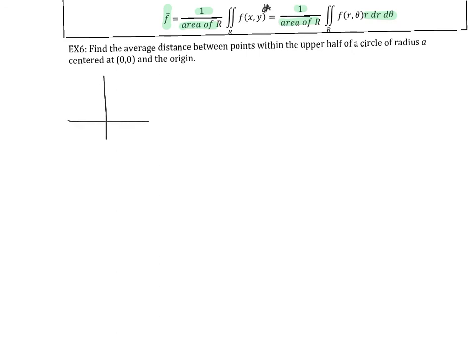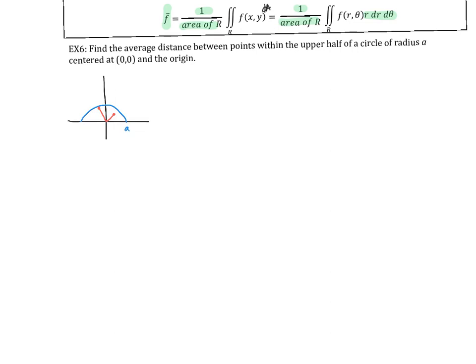So I'm looking at this half circle of radius a, and I'm trying to find the distance between any point within the upper half circle of radius a and the origin. If you take any point in this half circle, I'm trying to find the distance from the origin to that point, any point. And we're going to add up all these distances and figure out what the average distance would be.